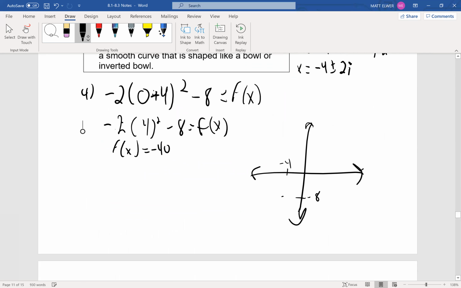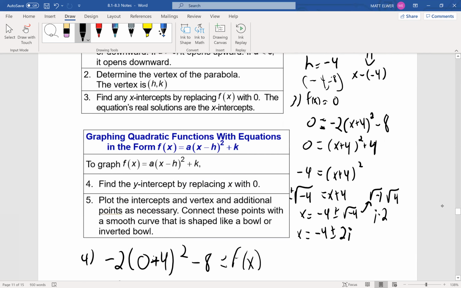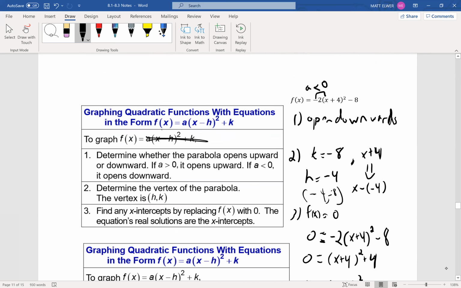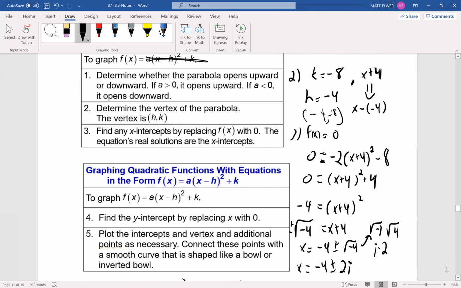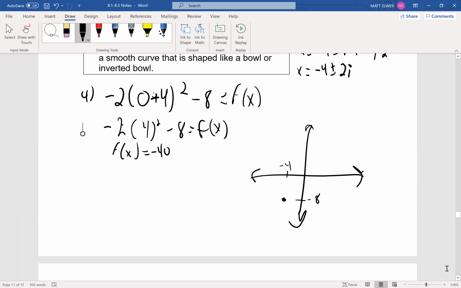That's where my vertex is. I know that it opens downwards, that's number 1. I know it opens downward because we have a negative in front. So since it opens downward, it's going to go this way and this way near the end. So I'm just going to keep that in mind.